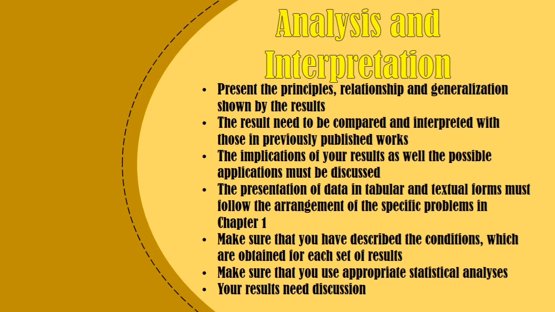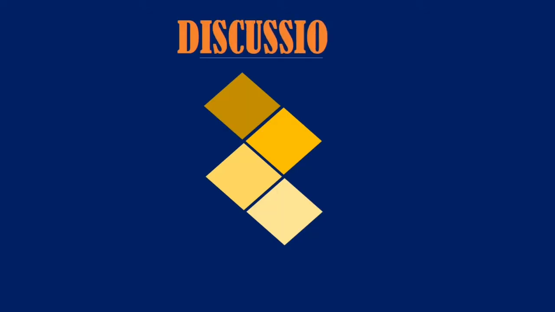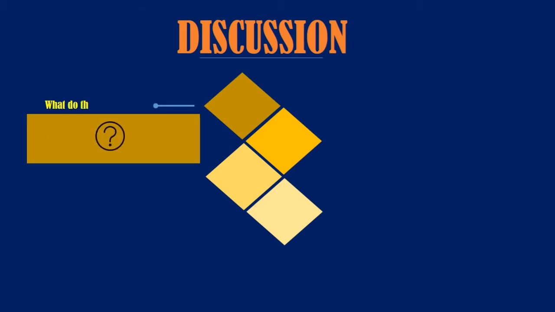Your results need discussion. What do they mean? Or how do they fit in the existing body of knowledge? So be reminded of those questions as you analyze and interpret your data. For example, in doing the discussion, you have to try to see what the results of your study mean.